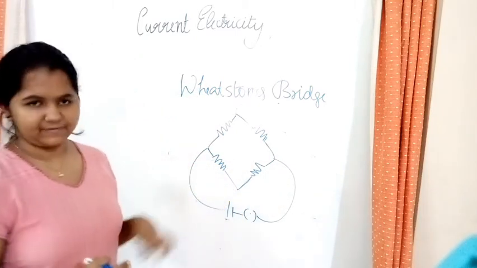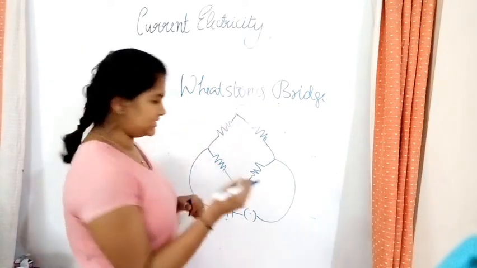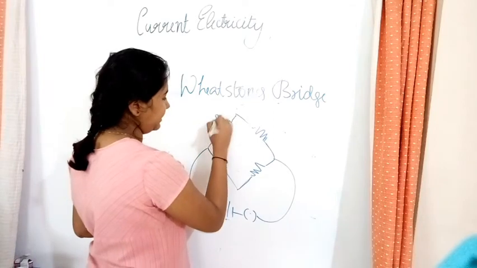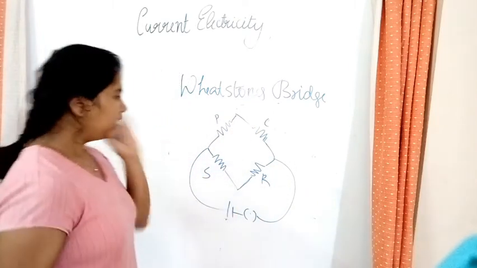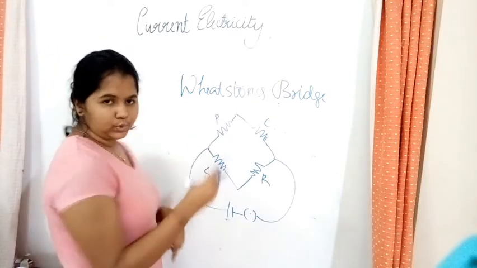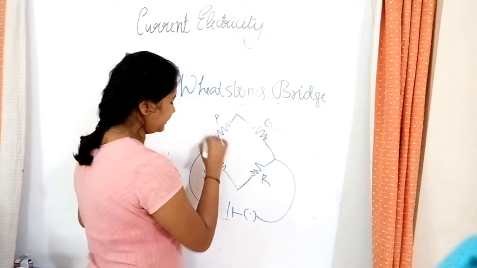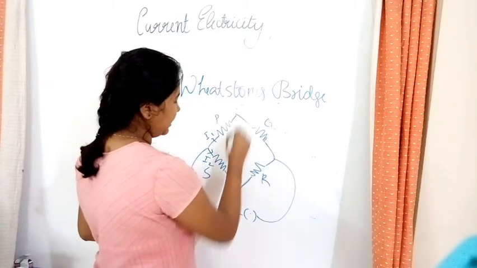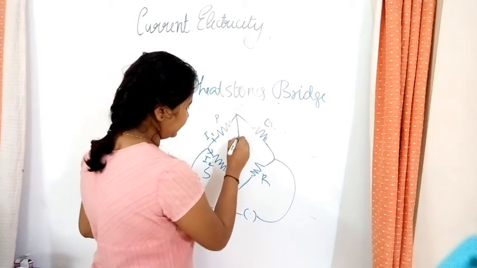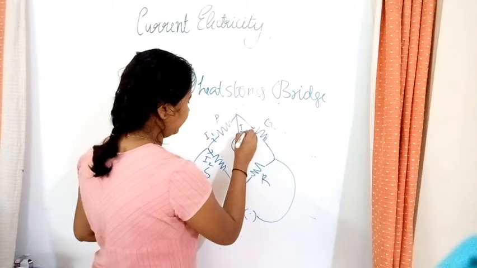Okay, so this is a Wheatstone's bridge. Let's name each resistance P, Q, R and S. So we told you what all the currents were. Over here it is I2, over here this is I1, and over here let's put the galvanometer, and this is Ig.